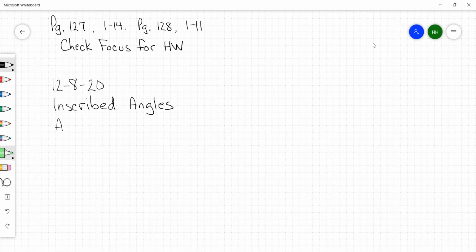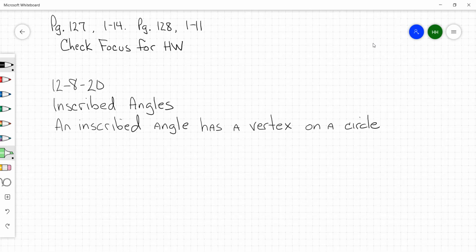And an inscribed angle has a vertex on a circle and sides that contain chords.